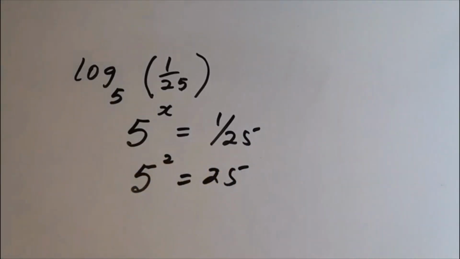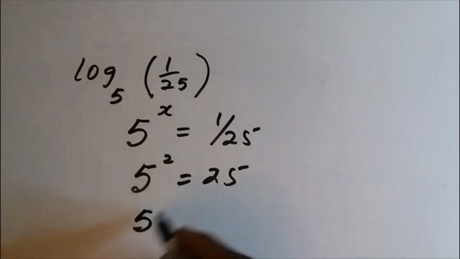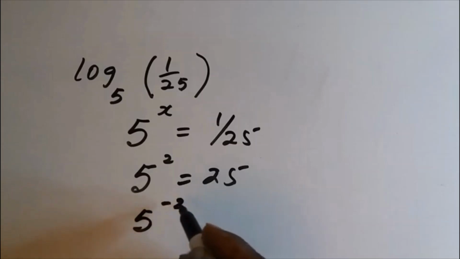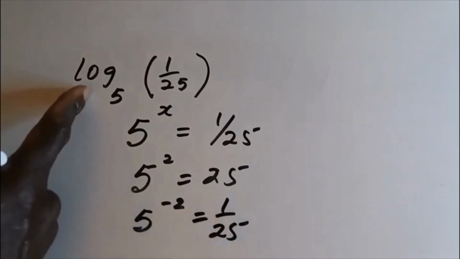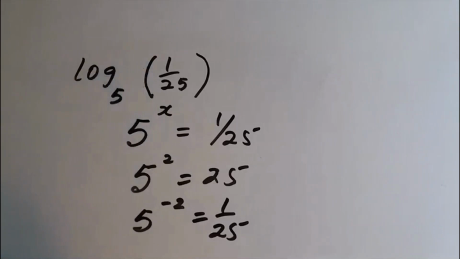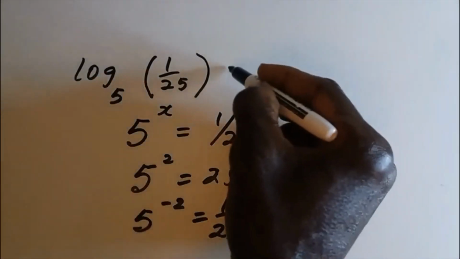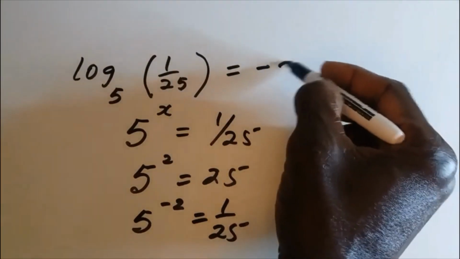We want the inverse of that, which is 5 raised to the negative 2, and this is equal to 1 over 25. So we know log to the base 5 of 1 over 25 is equal to negative 2.